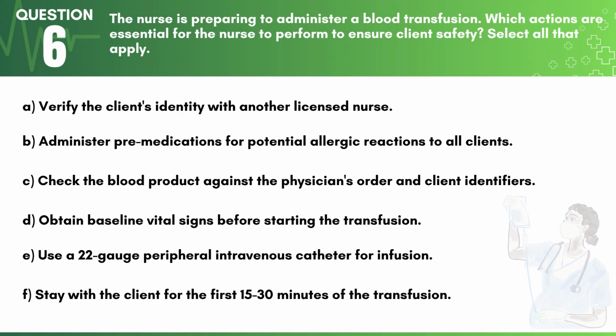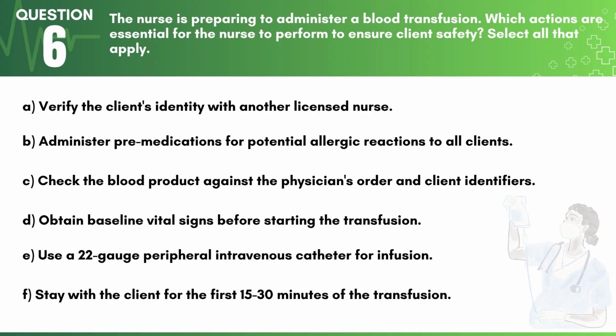Question 6. The nurse is preparing to administer a blood transfusion. Which actions are essential for the nurse to perform to ensure client safety? Select all that apply. A. Verify the client's identity with another licensed nurse. B. Administer pre-medications for potential allergic reactions to all clients.